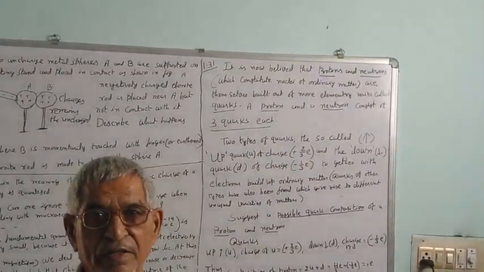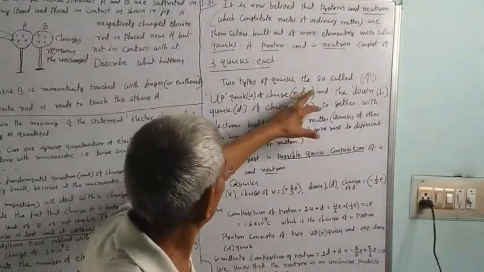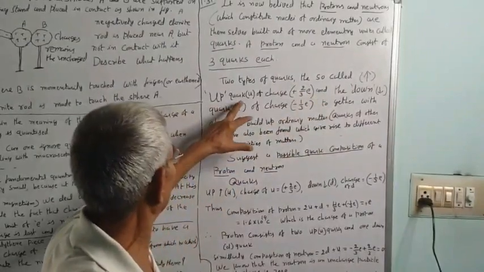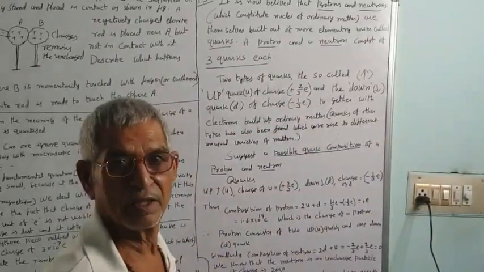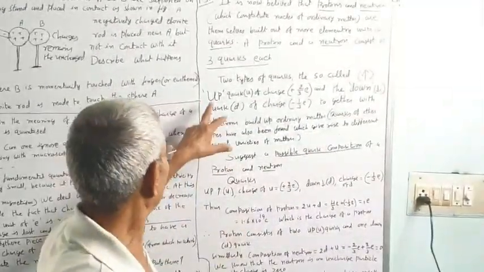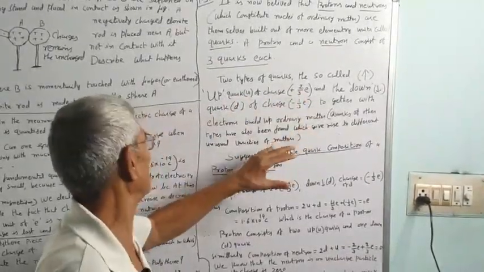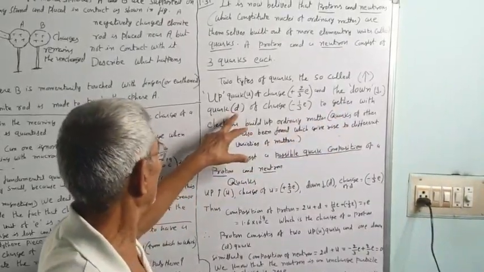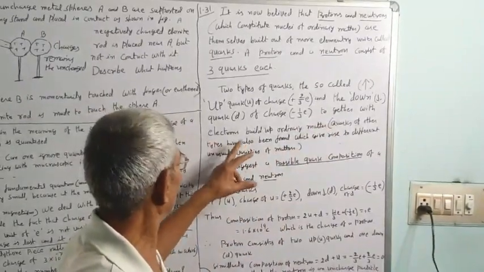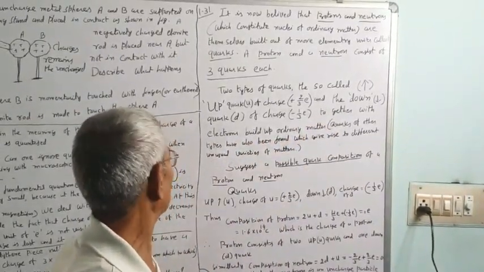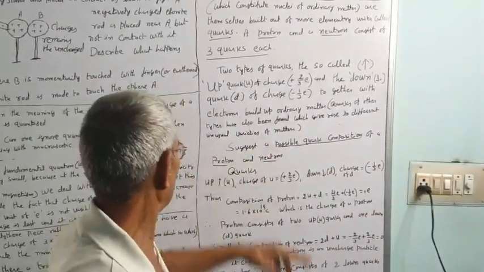There are 2 types of quarks: the so-called up quarks, represented by U, of charge 2 by 3 of the electron charge e, and the down quark, represented by D, of charge minus 1 by 3 e. Together with electrons built of ordinary matter, quarks of other types have also been found which give rise to different unusual varieties of matter.